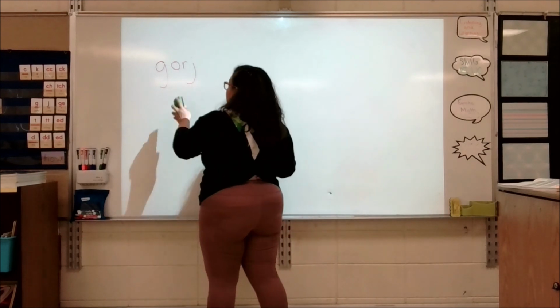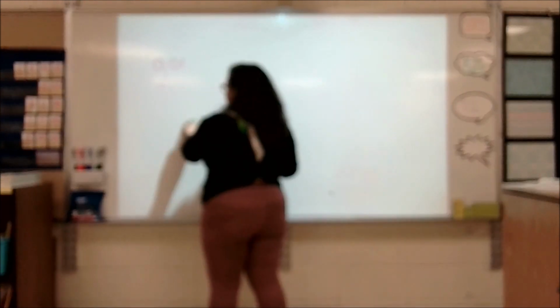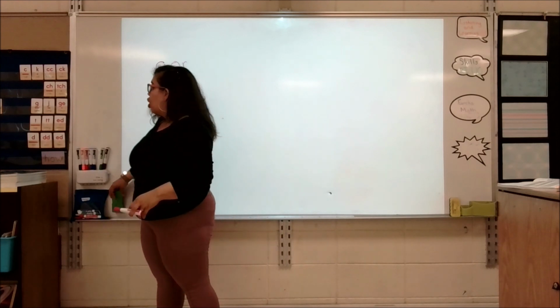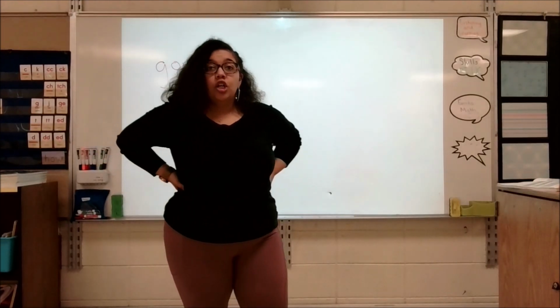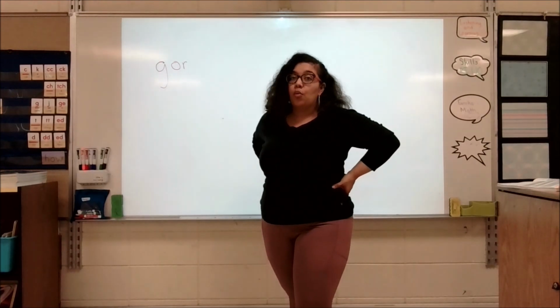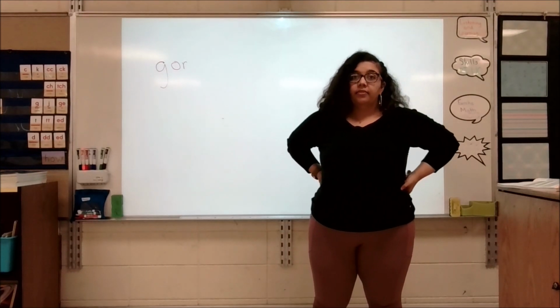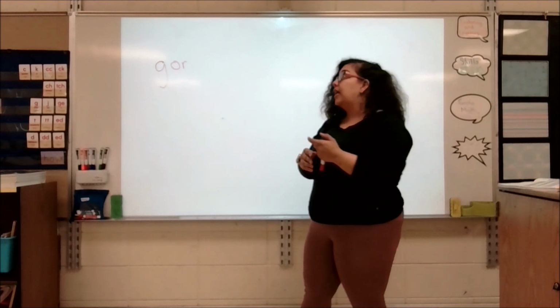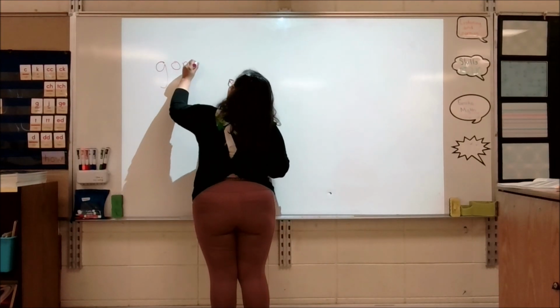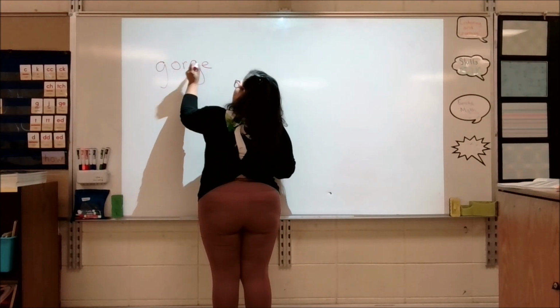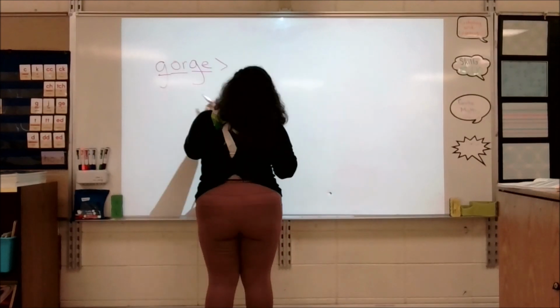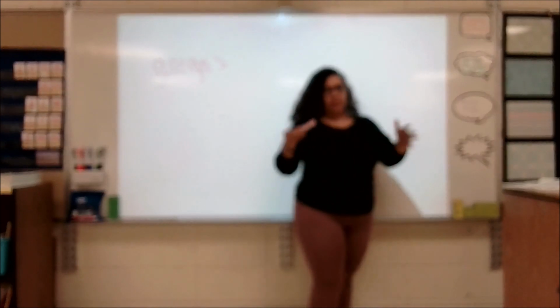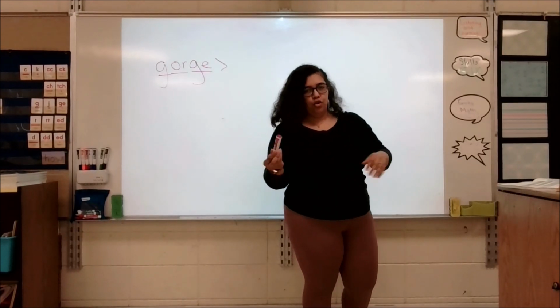That's part of the reason we have other spellings for the sound J. What sound spelling for the J do we use at the end of a word? G-E, good. So gorge. That is how you're going to spell that. That, between a canyon and a ditch, is a gorge.